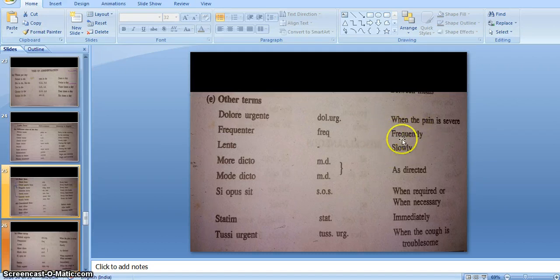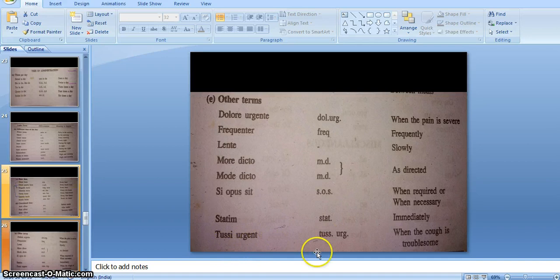Lente, that is slowly. Then more dicto, that is as directed. SOS, si opus sit, when required or when necessary, means that particular tablet should be taken when required or necessary, right? Statim, that is immediately, as required, okay, immediately.